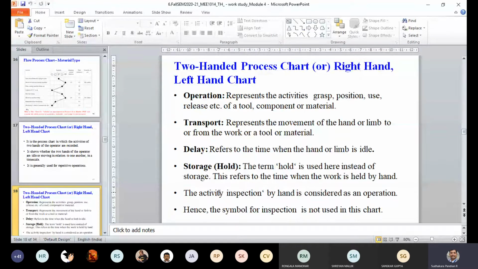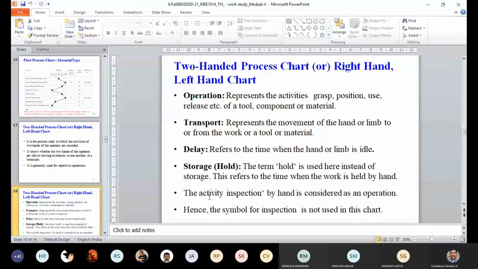Instead we use the term hold. Sometimes when we assemble something using hands, one hand will be just held as it is and one hand will be moving. So what will be recorded in the chart? One hand as an operation and the other hand as hold. Hold means the storage symbol.